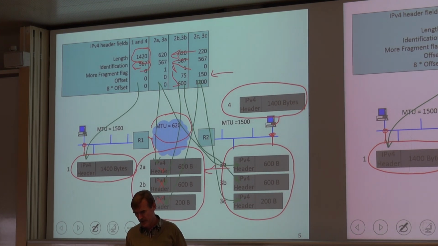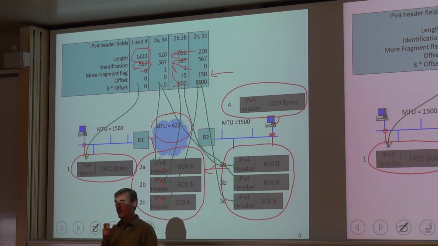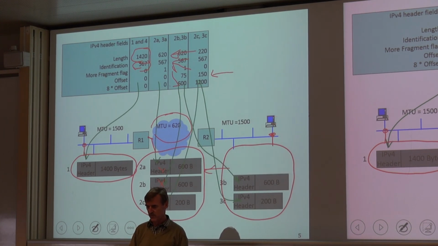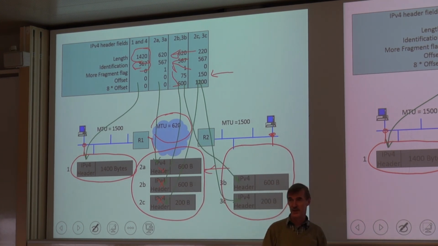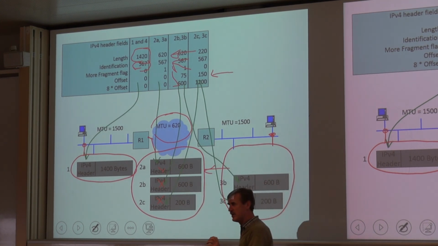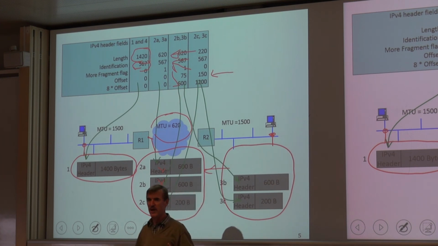And now, at the destination, we will be able to recreate that. There is still something we need to know. When I receive, for example, the second and the third fragment, I know where they are in the packet by the offset field. So I can start writing in a buffer at byte 600 what comes in.